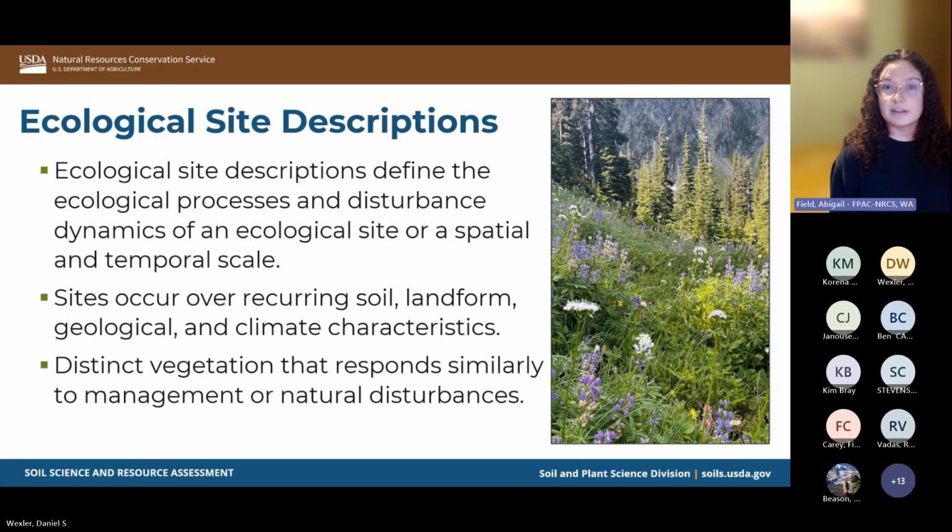So big flood events or fires or windthrow, things like that, give you a roadmap into what the vegetation should look like after these disturbances. And these sites, like soils, occur over recurring landform, geological, and climate characteristics. They have distinct vegetation that responds similarly to management or natural disturbances. Next slide.